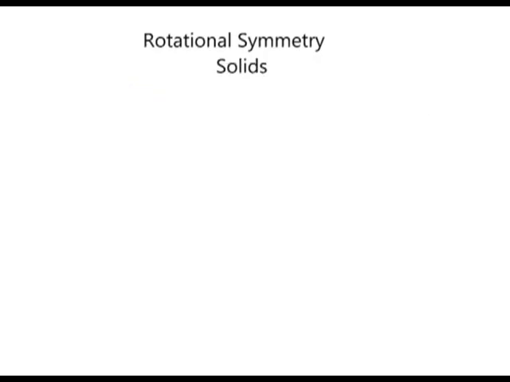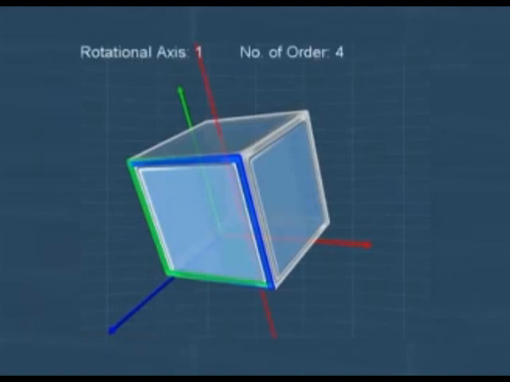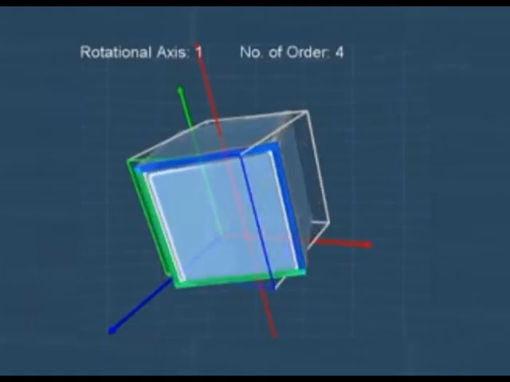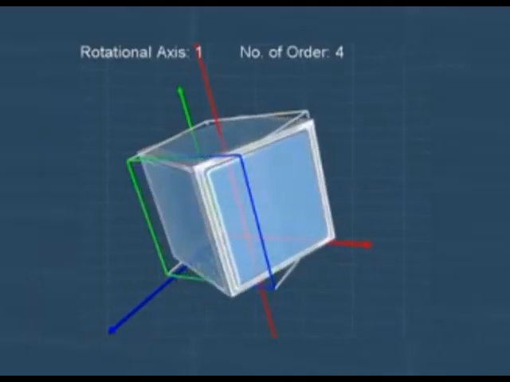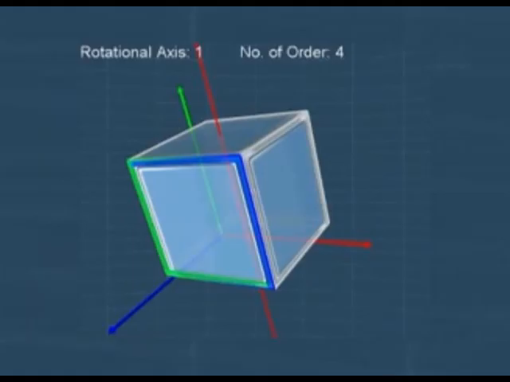Now we look at rotational symmetry of solids. Consider this cube. When we rotate it about this axis for 360 degrees, we can see that the cube matches itself 1, 2, 3, 4 times. With that, we can say that this axis is the axis of rotational symmetry of order 4. This cube has more than one axis of rotational symmetry.